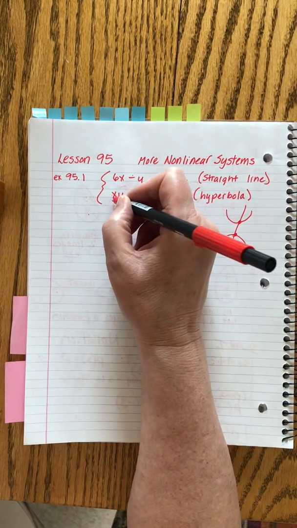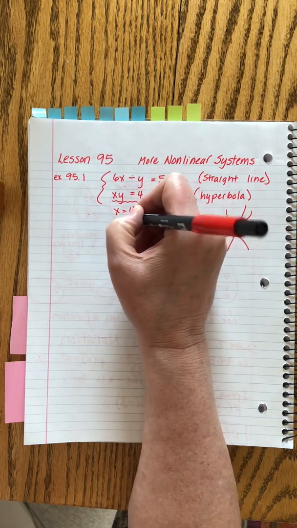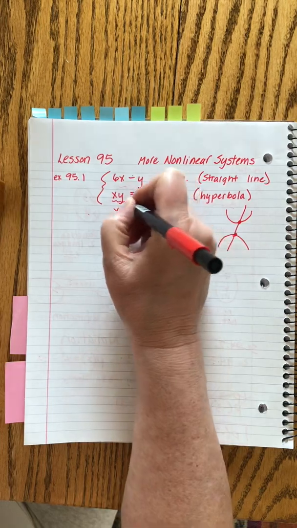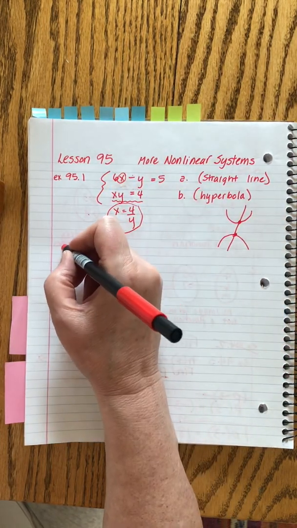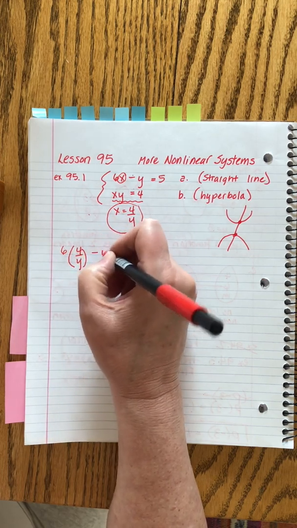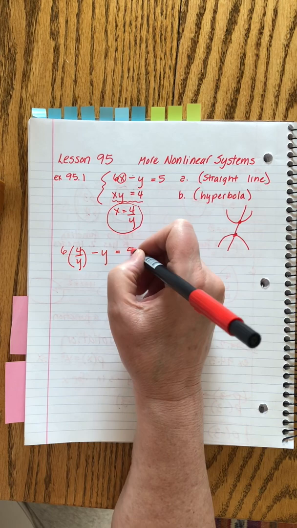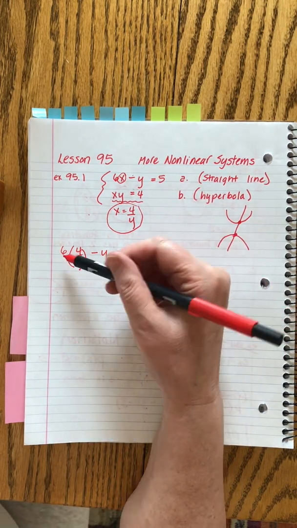So let's just divide both sides by y, and we'll get x equals 4 over y. Then we'll substitute that in right here, okay? So I'll get 6 times 4 over y minus y equals 5. Now before, okay, well let's multiply it.